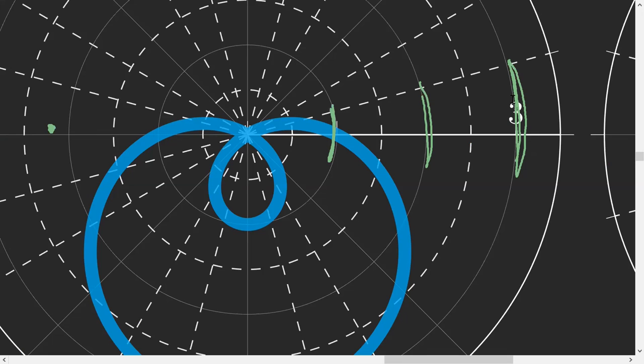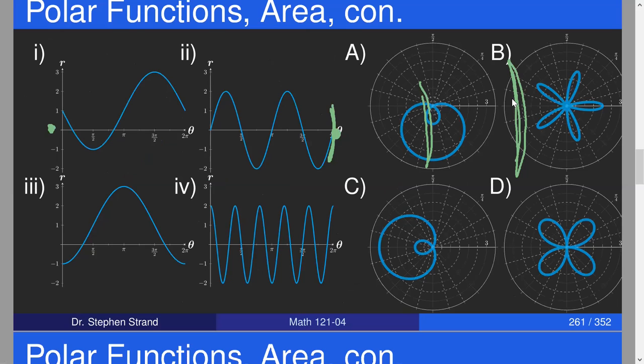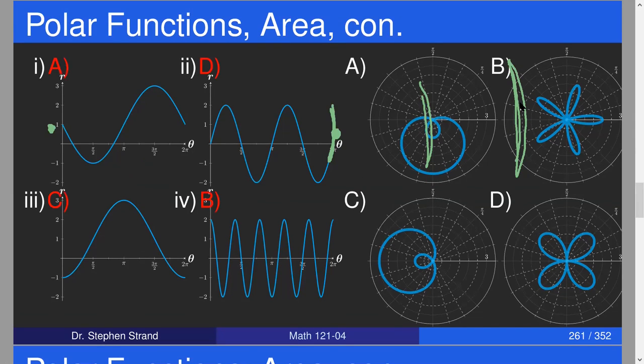Right here we have the only graph that intersects when the angle is 0 at a radius of 1. So let's zoom back out. Probably never going to be able to find the regular size anymore, but that's okay. This point is at 1, and there's no other graph that has that.